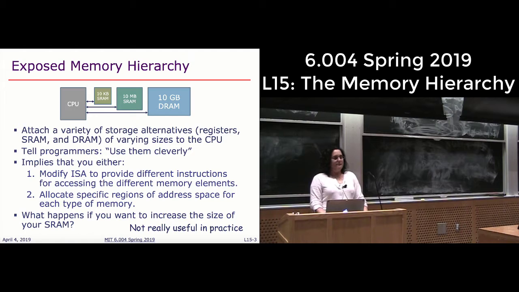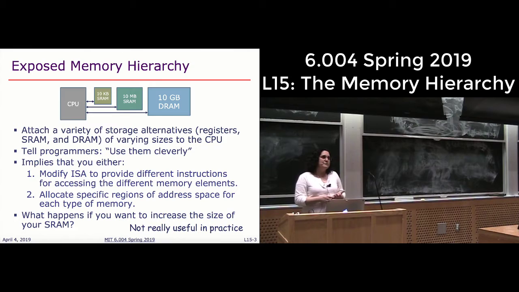We then have a 10 megabyte SRAM, and then we have our large main memory, which is our 10 gigabyte DRAM. Now, in this implementation, the idea is that the hierarchy of the memory is exposed, meaning that the CPU or the programmer knows about the exact setup of our memory and what's available to us.